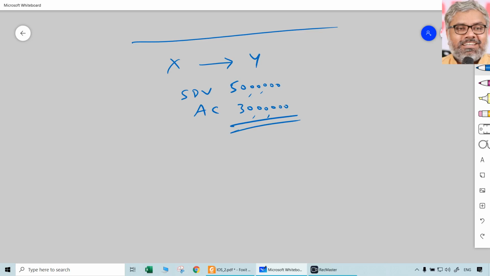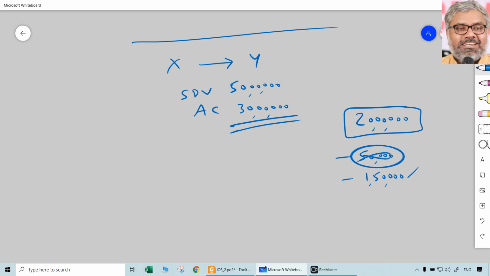But what is the inadequacy first of all? Inadequacy is 20 lakhs. So this 20 lakhs has to be compared with what? The higher of these two, either 50,000 or 1,50,000. Of course, 1,50,000 is higher, but still this 20 lakhs is higher than 1,50,000. That means the entire 20 lakhs becomes taxable. The entire inadequacy becomes taxable.